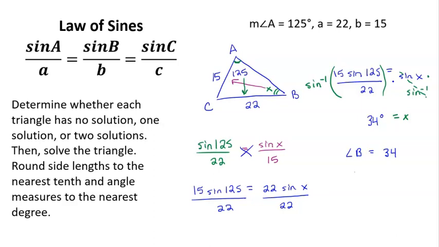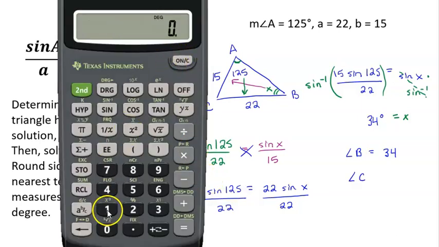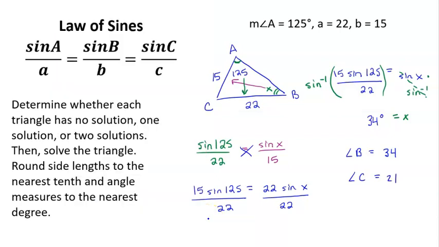And then that would make angle C, where we would just do 180 minus that 125 minus that 34 degrees, and we get 21. And then you would be able to solve for length C from there.